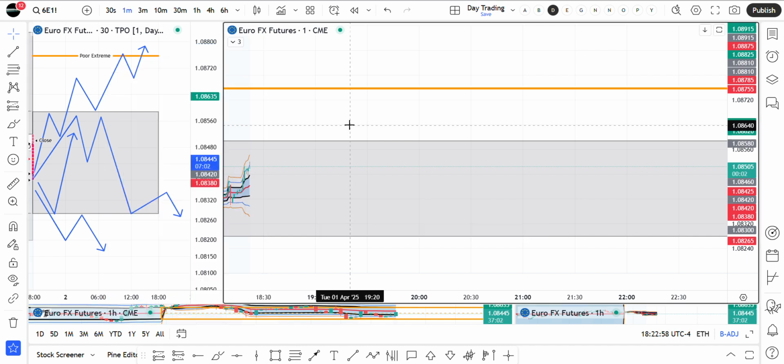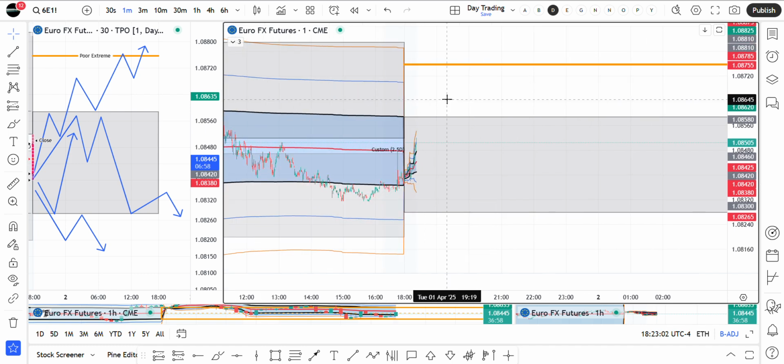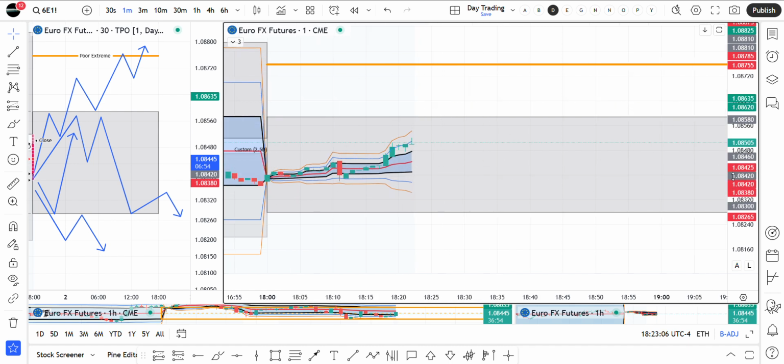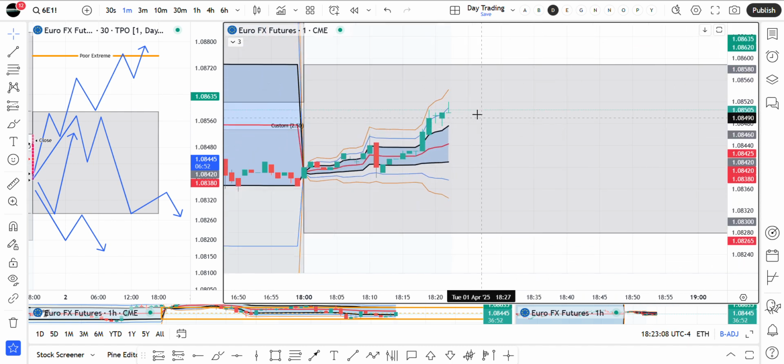Sync in layout, clear target. Almost at the level. But if it hits this pre-market, even before London session, I want to go short. I don't think there's enough volume to push it through, unless we see a huge ramp in volume right before the break.